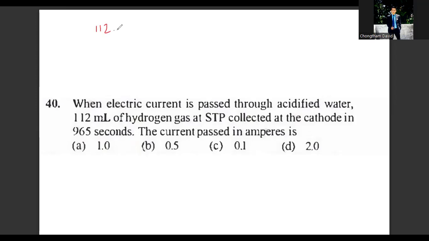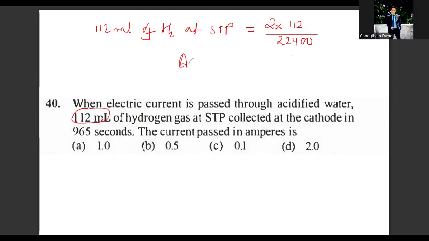Now 112 ml of hydrogen at standard temperature pressure equals 2 into 112, the given volume here, divided by 22,400, since 22,400 ml at STP would be the molecular weight.